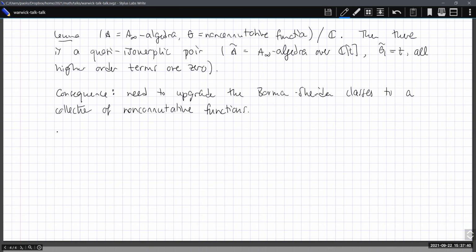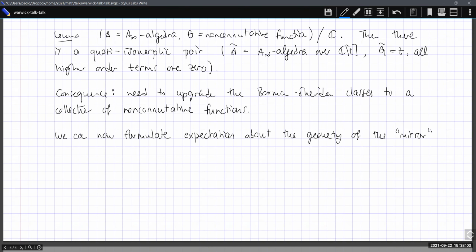So, but the point is that you can actually look at the geometry of this as long as you interpret it appropriately. So, formulate expectations about the geometry of the mirror in intrinsic terms. Okay, so what does this mean?